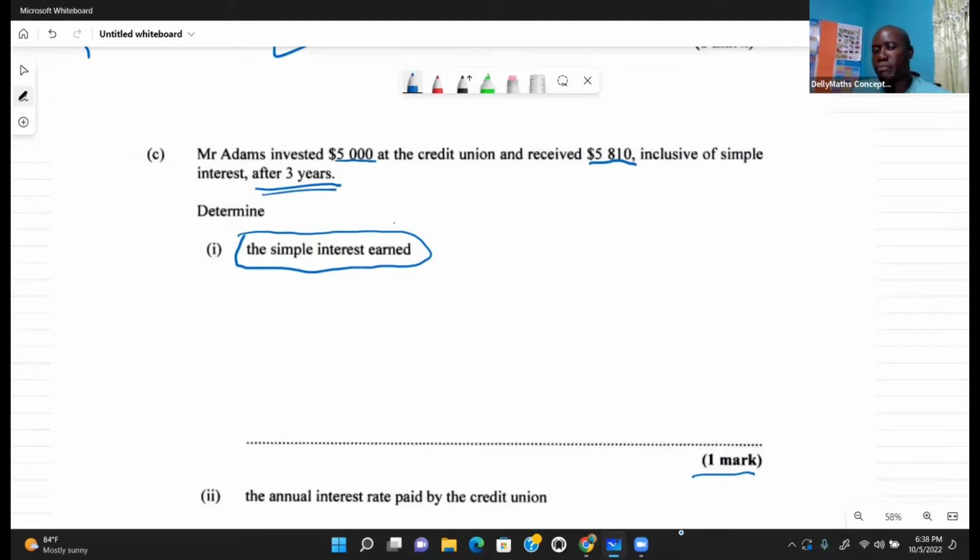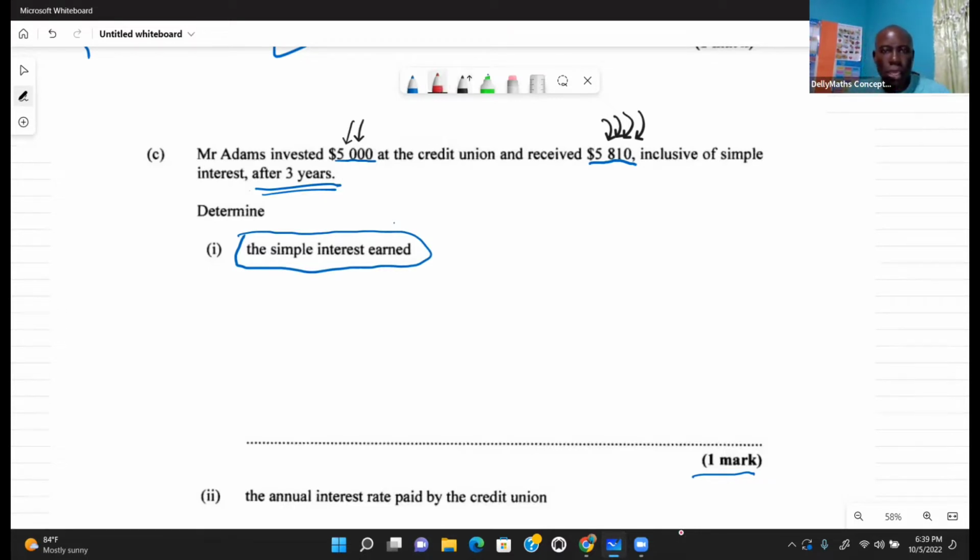See that? Yep. So the question follows and it says, determine the simple interest earned. Remember, you started out with this in your account and then you came back 3 years after and realized it's that. Then you would have known that there is a growth. The growth of your money signifies interest was added.